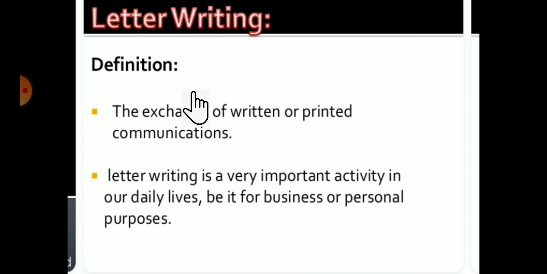Letter writing. The definition of letter writing is the exchange of written or printed communications. What is the meaning of this sentence? You are writing a message to one person or to a group of persons, so it is called letter writing.